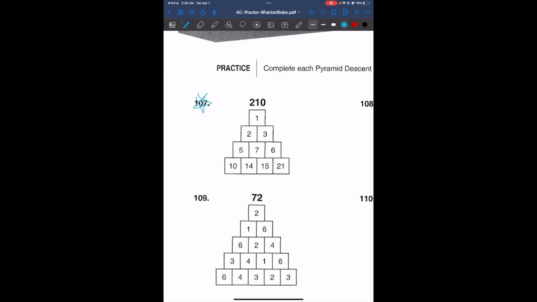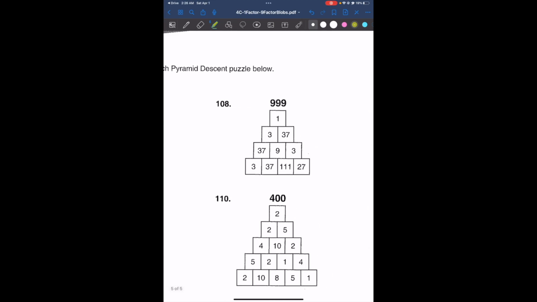So pause the video, solve it yourselves, and then try to check your answer with the solution that I'm going to be giving you guys right now. So the solution for this would be taking this path. And I'm not going to give you an explanation, but I want you guys to really try this problem yourselves and really understand how to solve these pyramid descent puzzles.